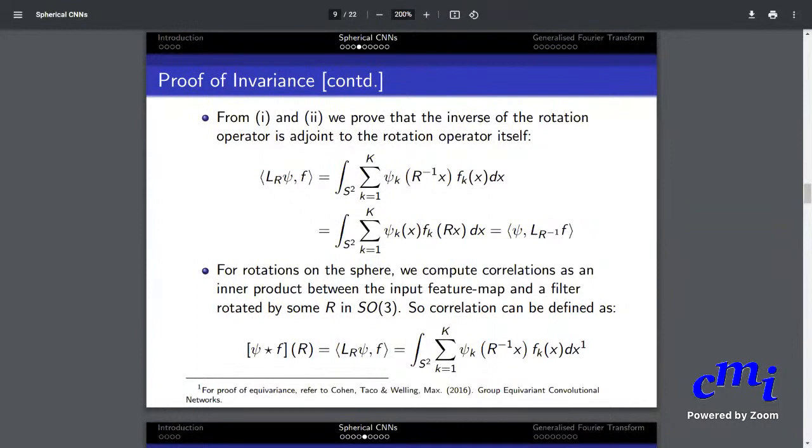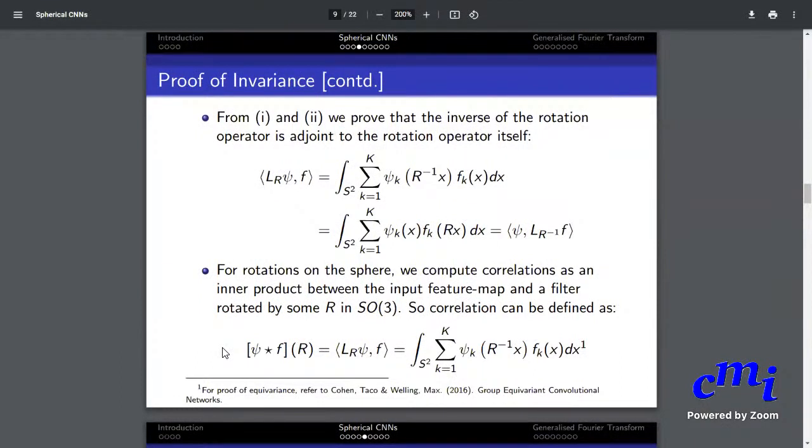Input feature map could be, ma'am, an image or an image on which some convolution or correlation is already applied. Okay. And a filter rotated by some R. So we compute this as the product between these, and then you rotate by some R. Is that what you're saying?